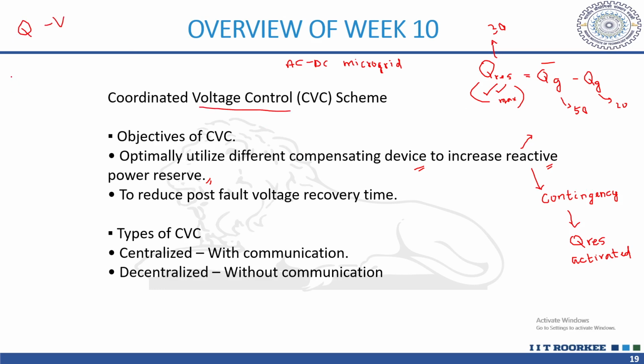Let's say there is a failure of a line, a large increase in load, or some generator outage. In those cases, voltage will be a local phenomenon. Voltage is local. So what we do is, let's say area 1, area 2, area 3.